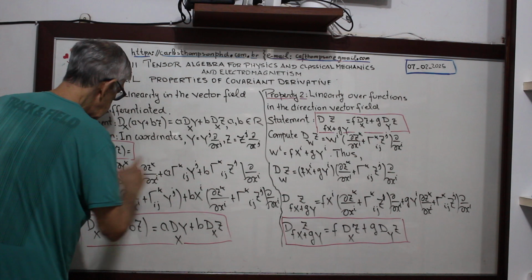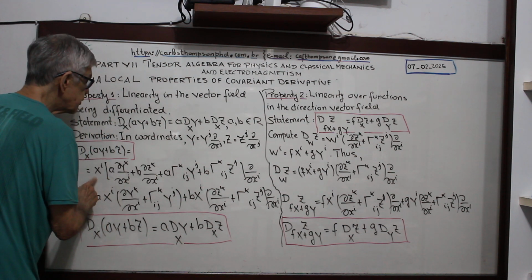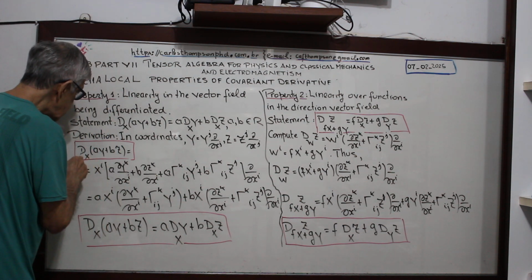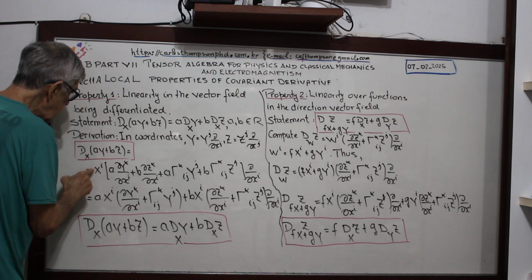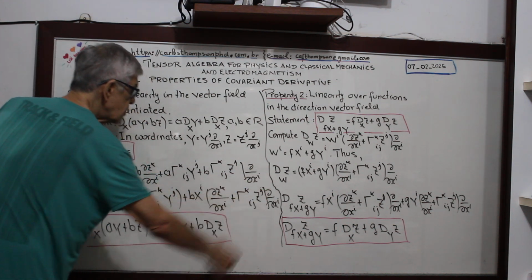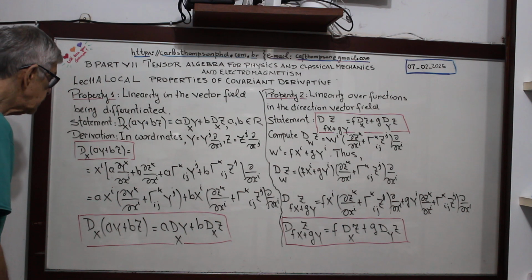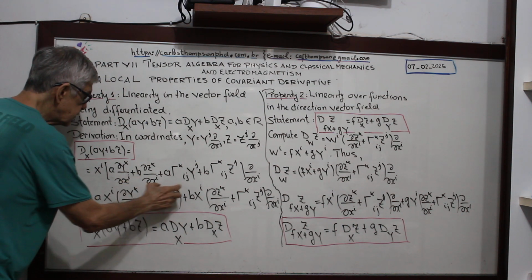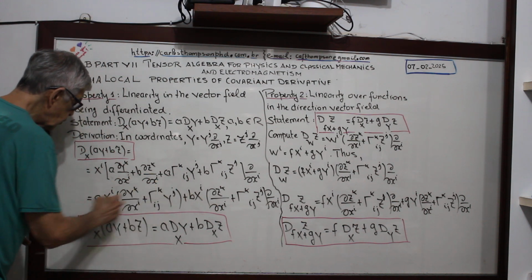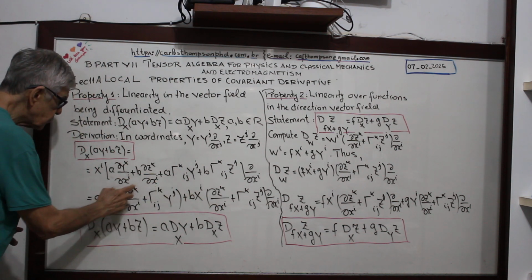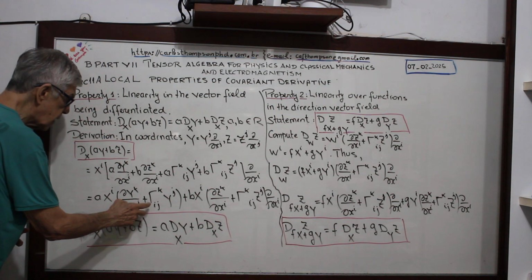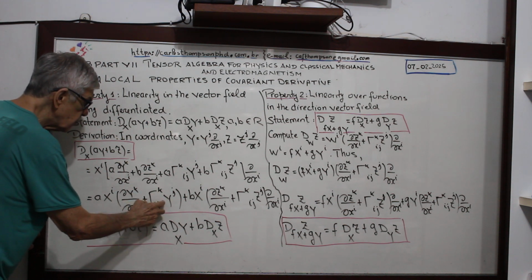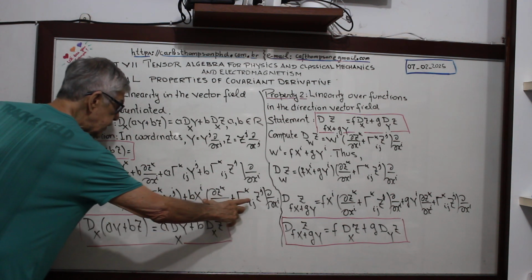Now, this is X^i, remember that X here is a vector, times partial of x^i. Now I can group this term with this term over here: a X^i, partial Y^k with respect to x^i, plus the Christoffel symbol times Y^j.